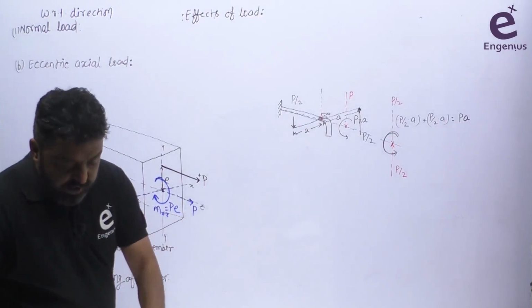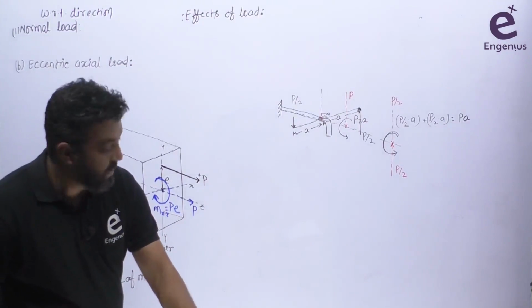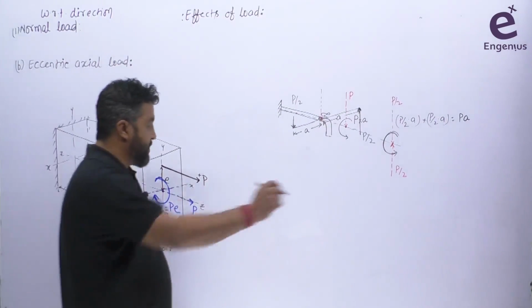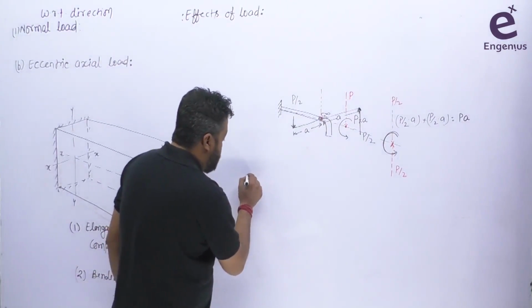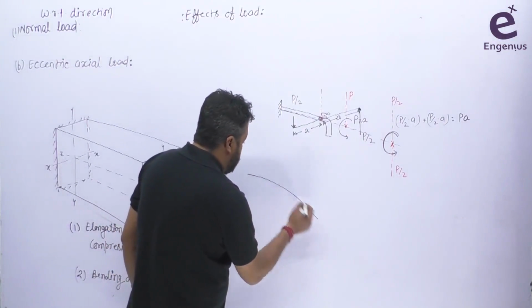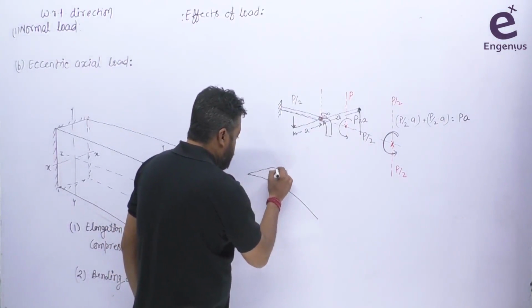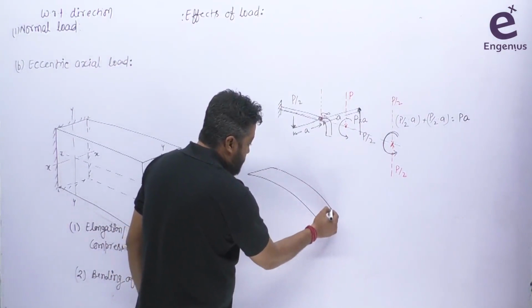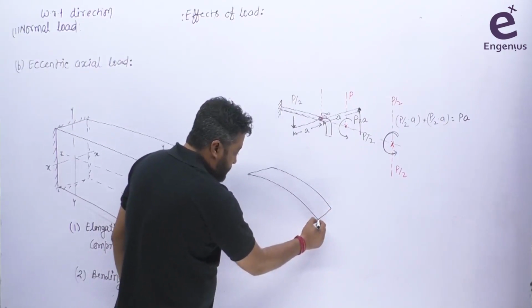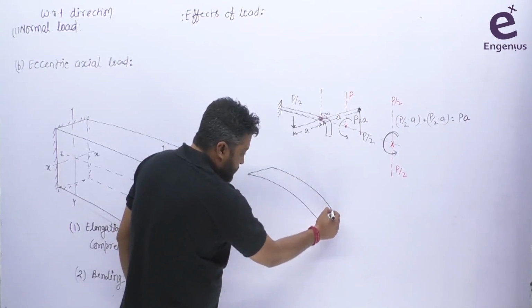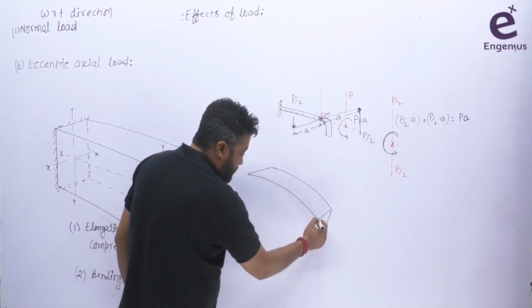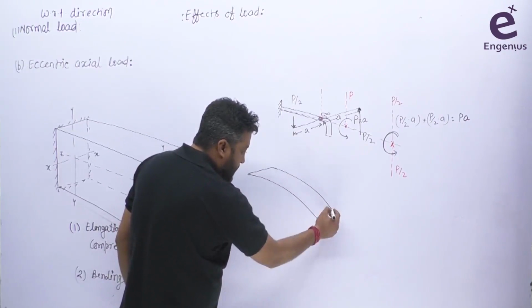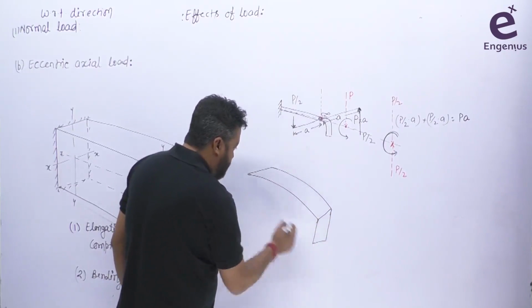Means after the application of this load, this member will look like this one. Okay, there is a bending effect here. Also, there is an elongation here.